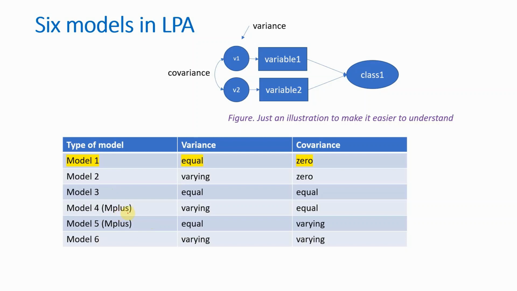You need to use M+ to run those models. Also, for example, if you choose model 6, that means you assume there is variance within each variable. They are not similar in terms of variance, and they are not fixed to 0 or fixed to equal. That means the covariances are different among the variables. Okay.